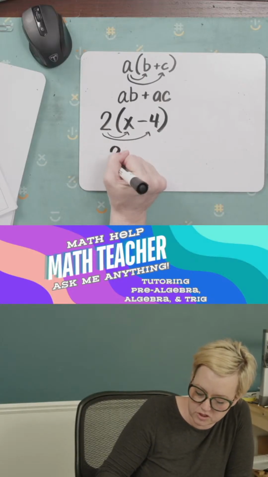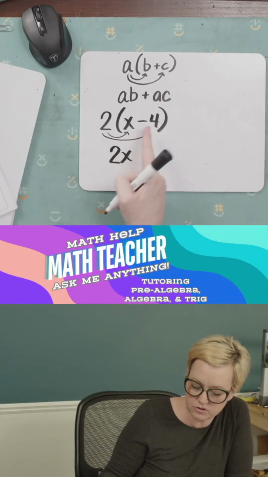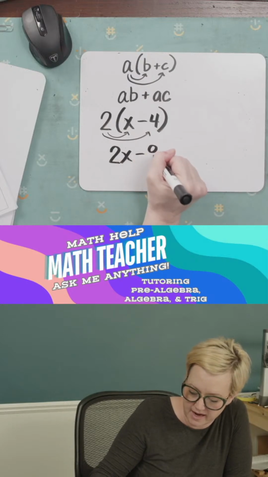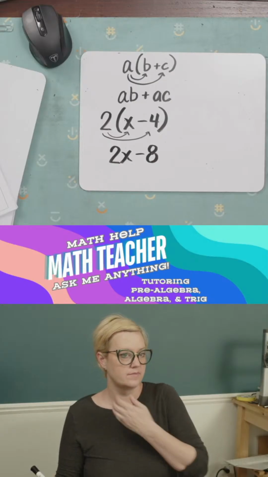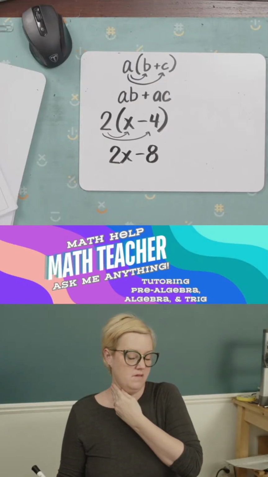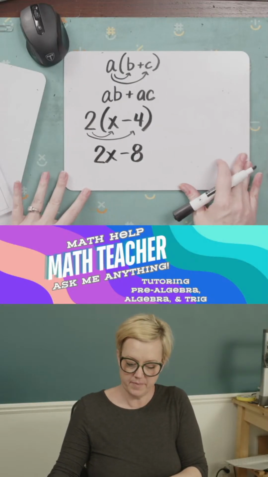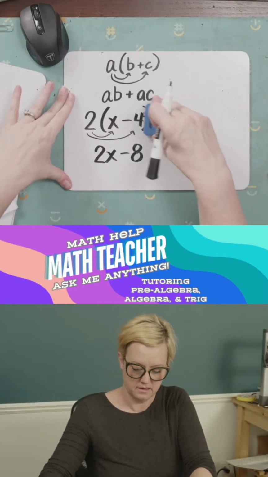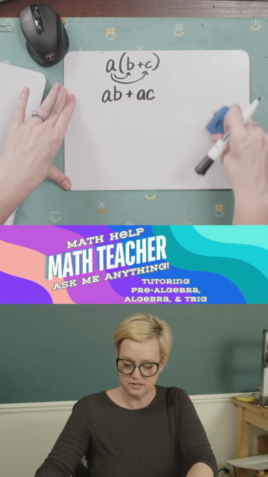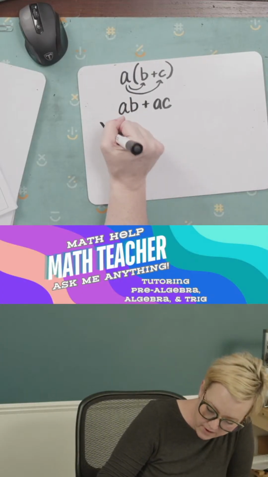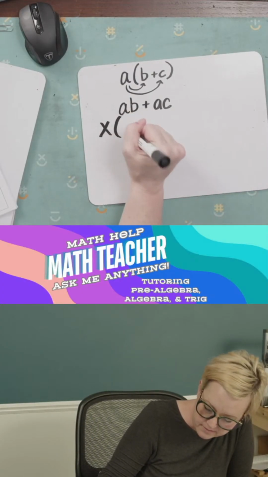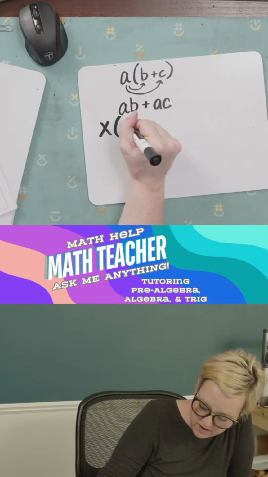That gives me 2x and then 2 times negative 4, which is minus 8. Okay, let's bump it up a little bit. The rule doesn't change. The process is still the same, but we're going to put a variable out here, and some variables in here too.